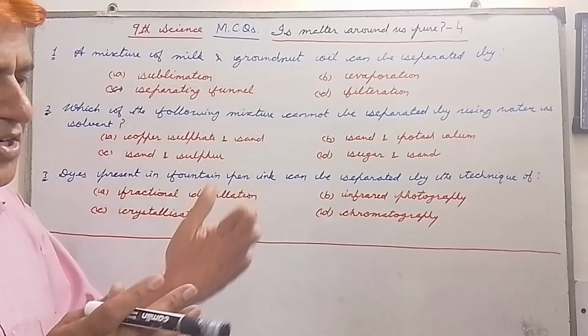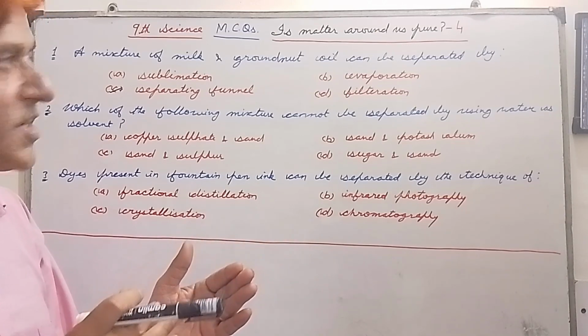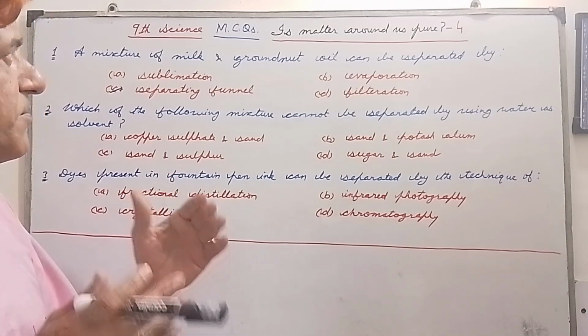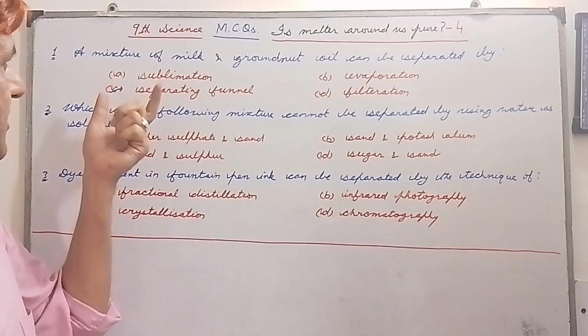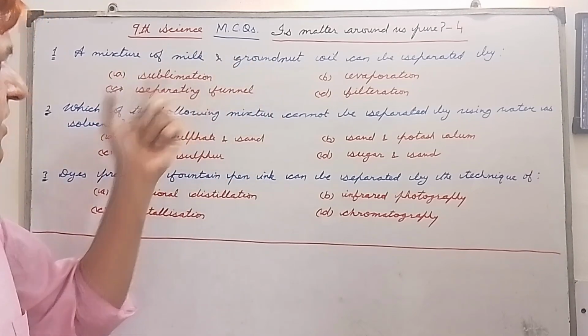Immiscible means that they do not actually mix up together. So when they are mixed, they form different layers actually. So we can separate milk and groundnut oil using a separating funnel.